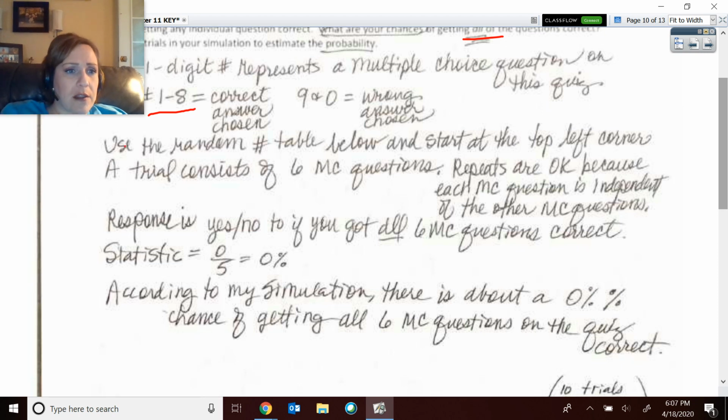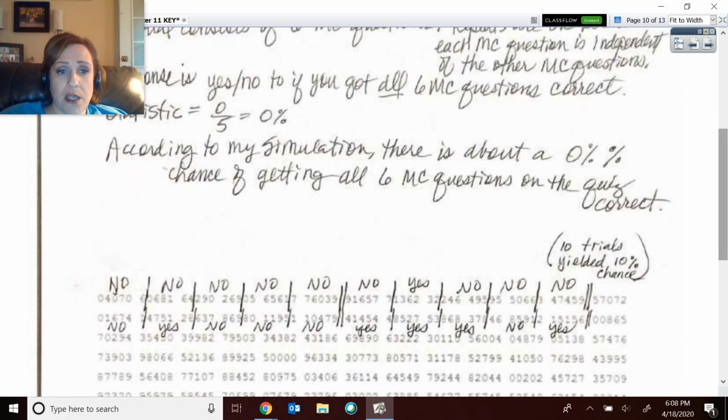Here is where, like the problem we had in our notes, a trial consisted of 6 multiple choice questions. And again, the repeats are okay because each multiple choice question is independent of the other. But our response is yes or no, did you get them all correct? So this time, we still got 0% chance of getting them all correct.